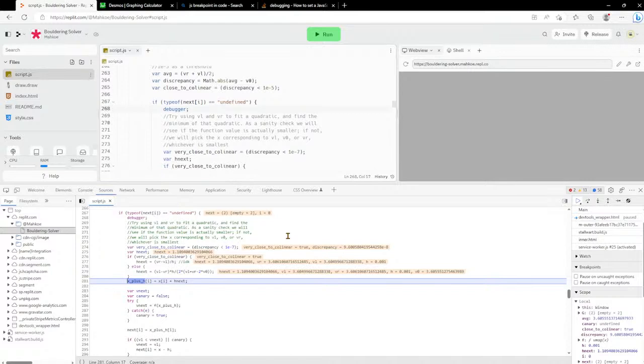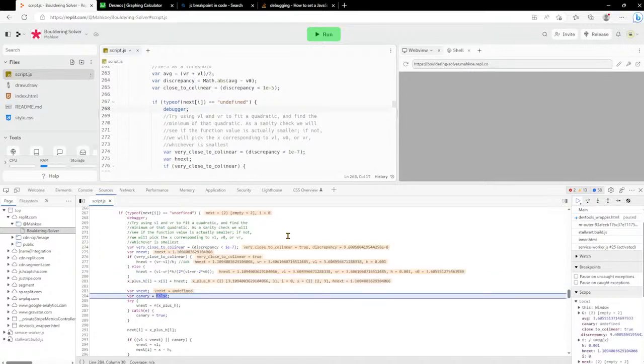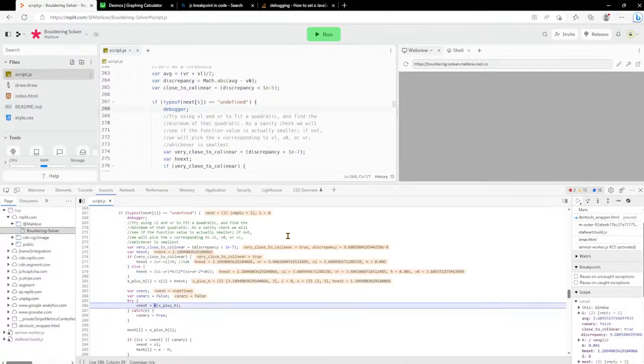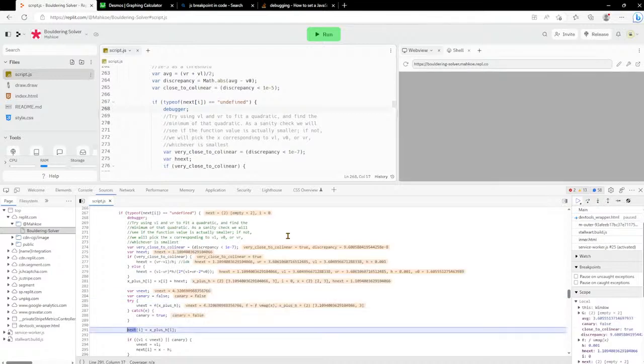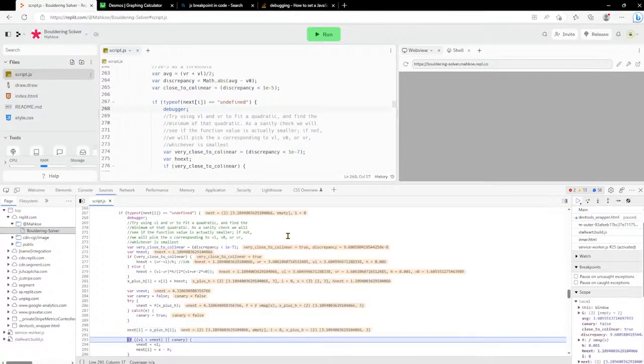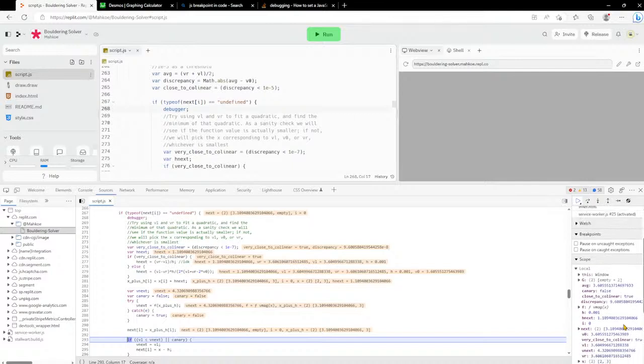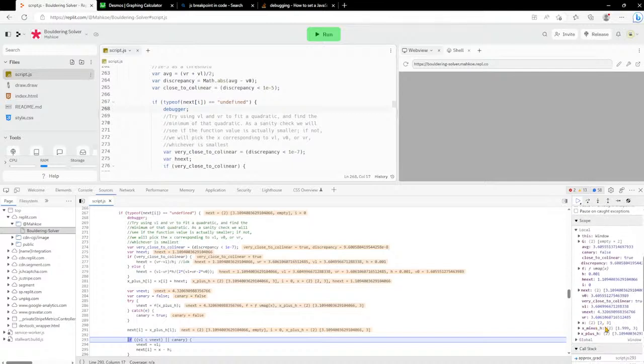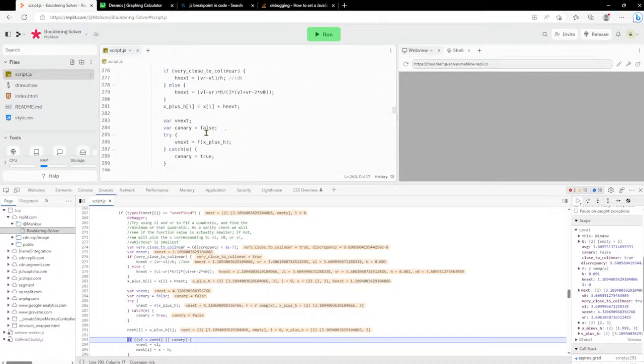So h next is some number. X plus h equals that. V next equals that. Oh wait, is x even defined? Ah, x of i, that's why. X of i.